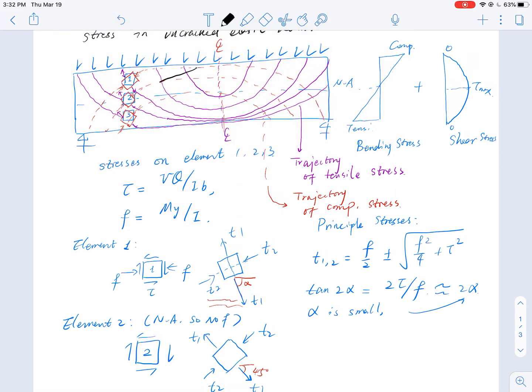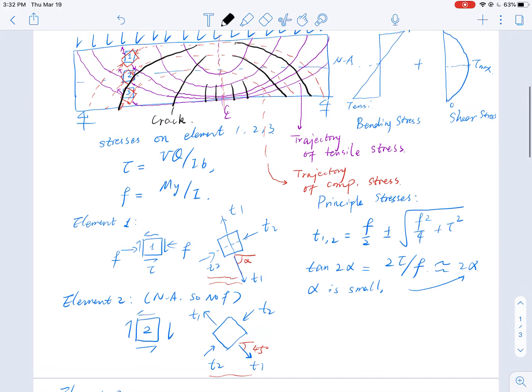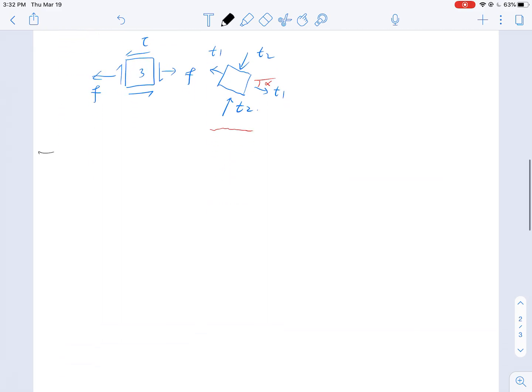Follow the perpendicular plane of the purple line. So I'm going to draw these cracks on the beam, like that. Okay, so now it's getting interesting because now I can take a look at these cracks. So I'm going to redraw it.